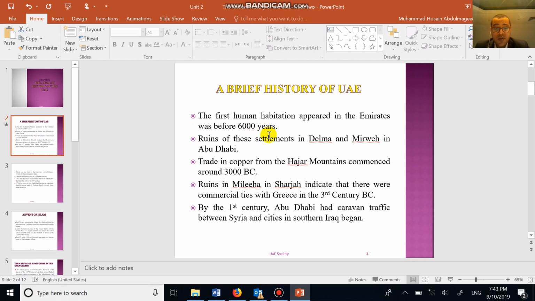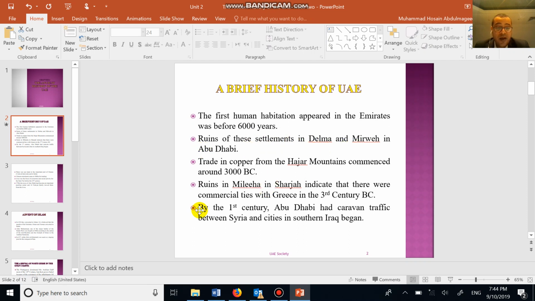The ruins that showed, ruins means old houses, and maybe ships or pots, something people used to eat with, were found in Delma, Marwah in Abu Dhabi.